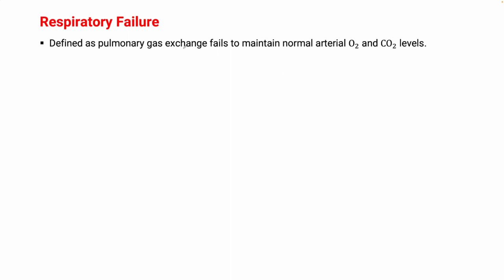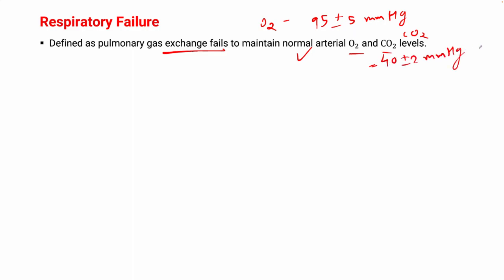Whenever the exchange of gases at the arterial level is impaired, the normal oxygen and carbon dioxide levels are disturbed. First, let us know the normal arterial oxygen level, that is 95 plus or minus 5 mm of Hg. The carbon dioxide is 40 plus or minus 2 mm of Hg.